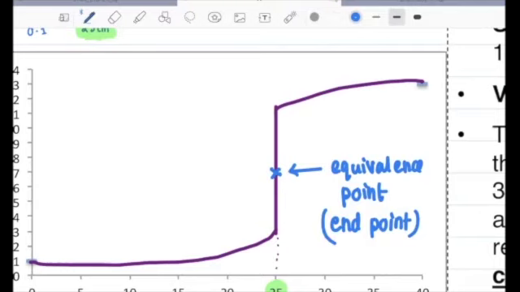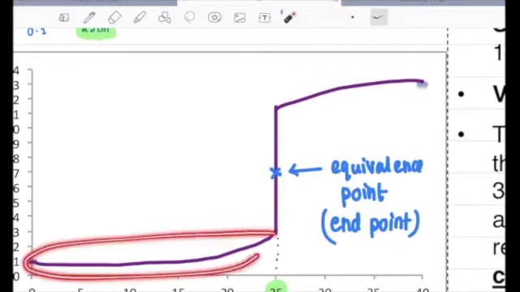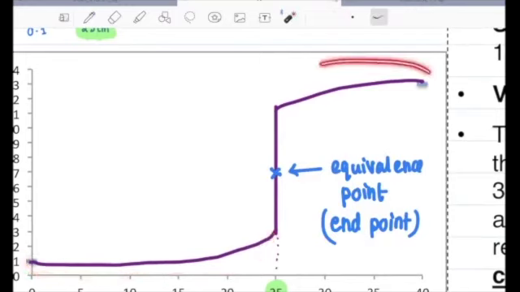So it's already explained to you that at this equivalence point, your hydrogen ions have exactly reacted with hydroxide ions, no more, no less. At this region, you have more hydrogen ions than hydroxide ions. Here, you only have hydroxide ions, no more hydrogen ions left because everything has reacted.